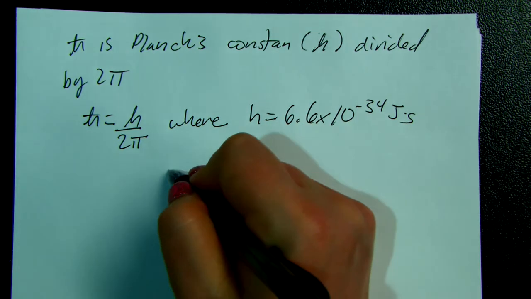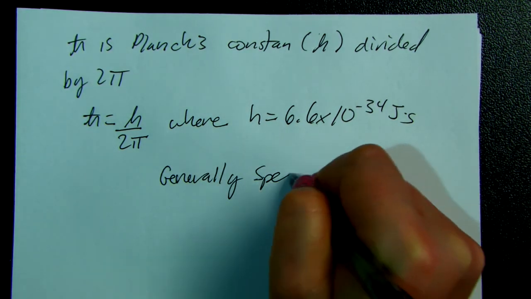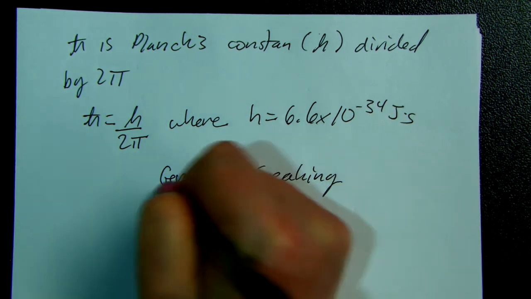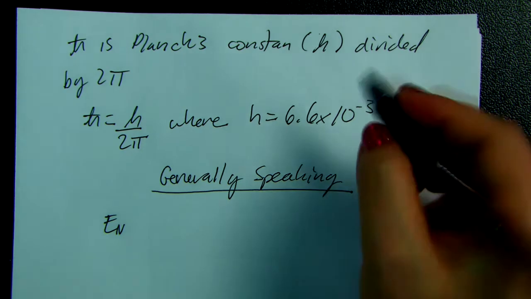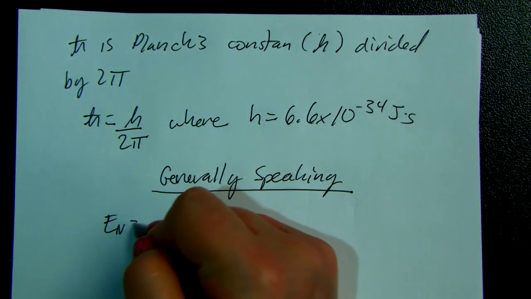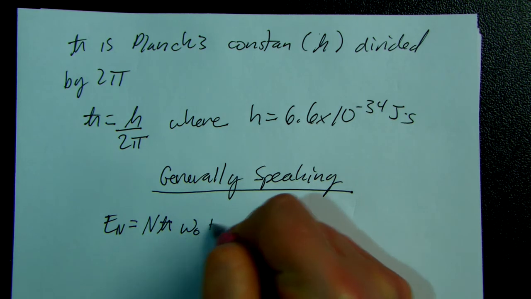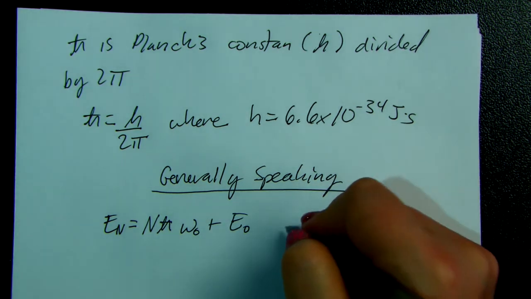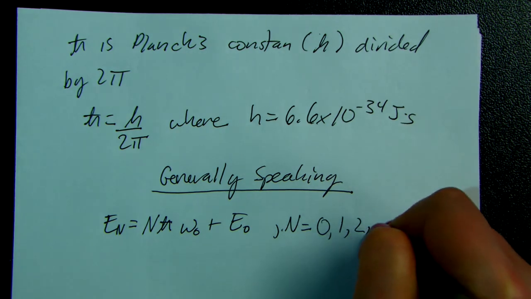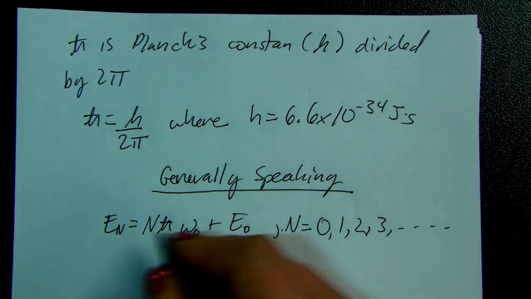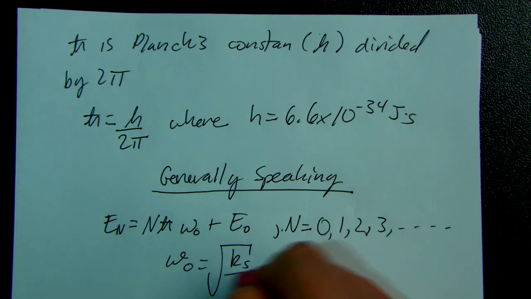So, more generally speaking, the energy level for vibrational energy, En, is equal to n h bar omega naught plus E naught, where n is equal to 0, 1, 2, 3, etc., and omega naught is equal to root Ks over m.